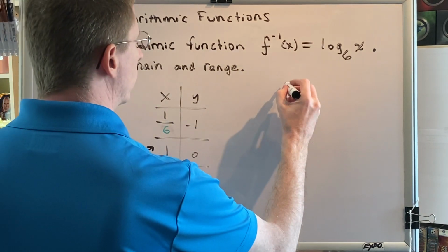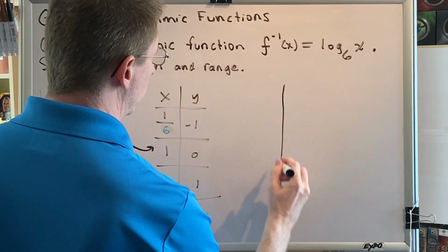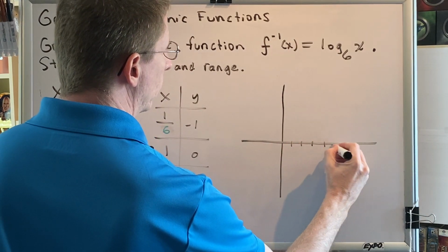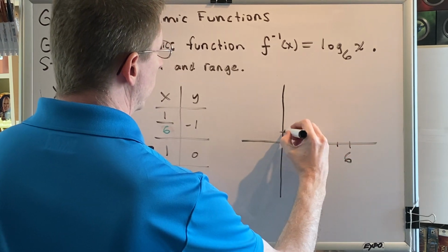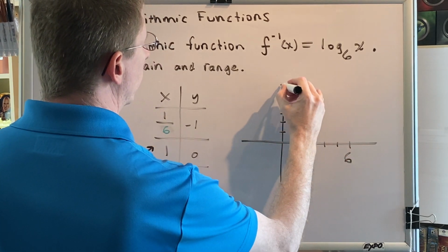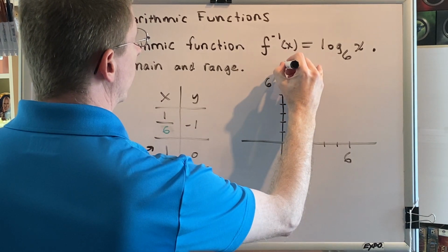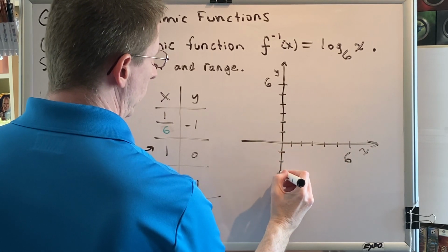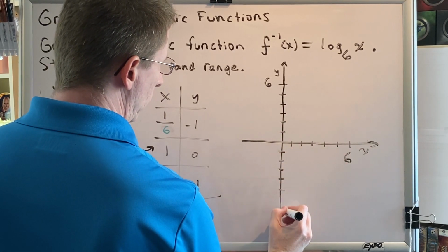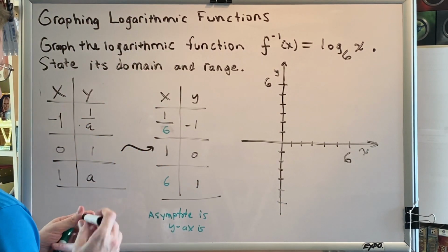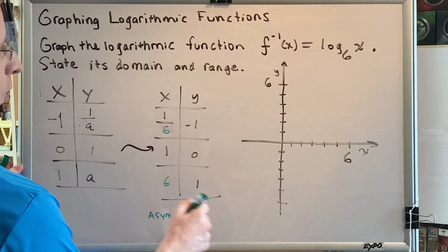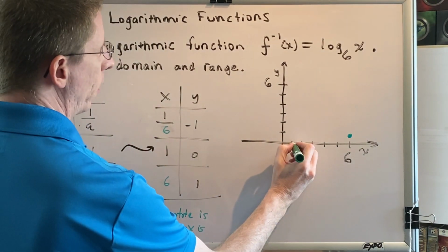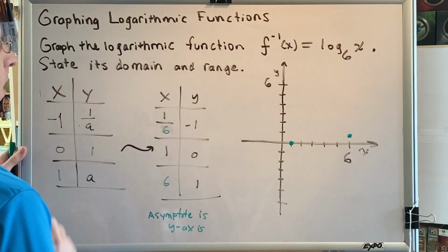Let's do that. Okay, let's plot our points starting with the easy ones. 6, 1, that would be here. 1, 0, that would be here. 1/6, comma, negative 1.